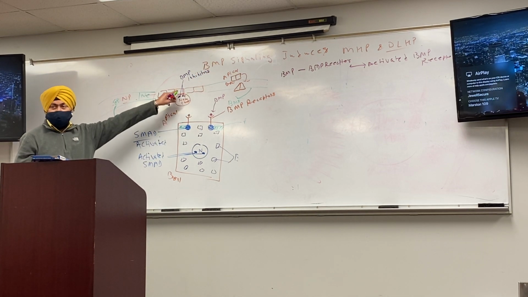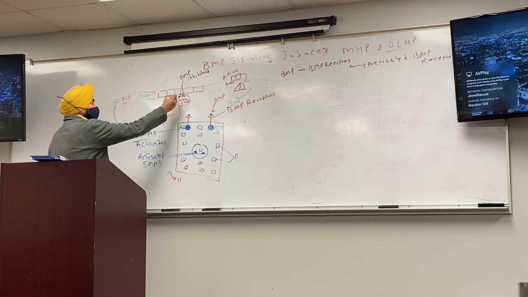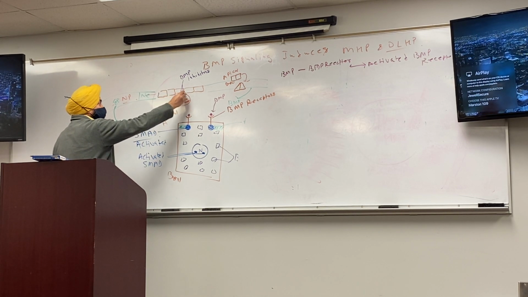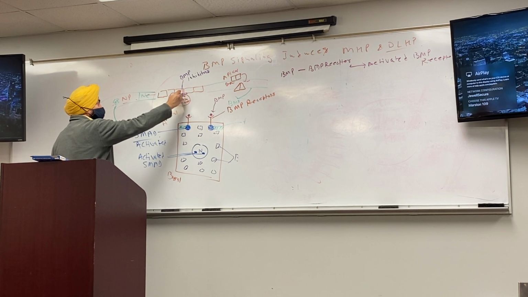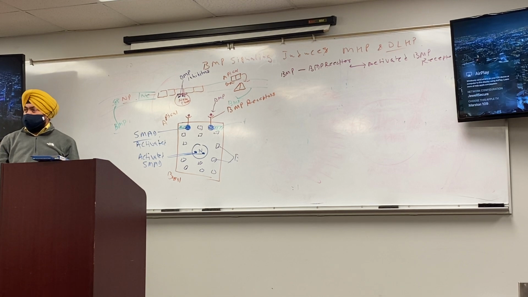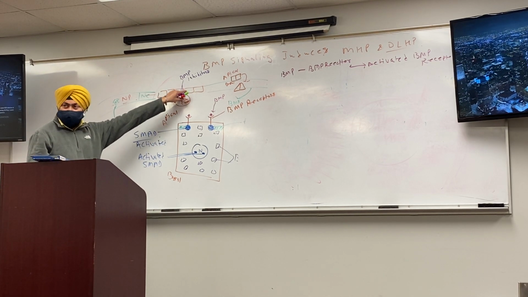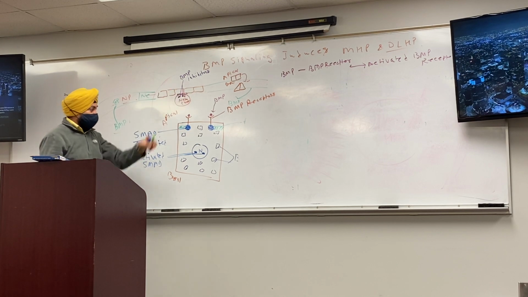So these cells are right above it. Okay? So it's sending BMP inhibitors here, BMP inhibitors are there, BMP inhibitors are there. So BMP inhibitors are being secreted there. What does that do to these cells here?